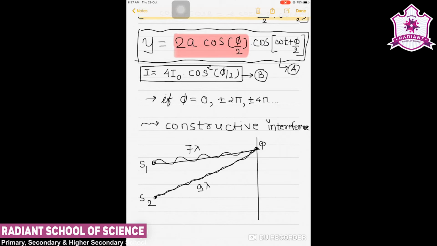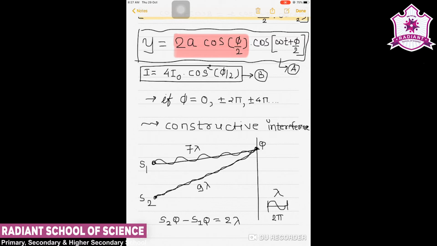Then 1 lambda is considered as one wave, having a 2 pi radian difference. So S2Q minus S1Q is 2 lambda, but 1 lambda belongs to 2 pi radians.